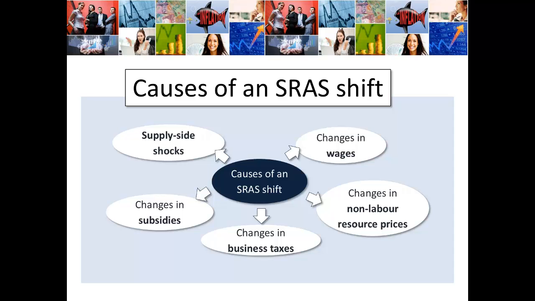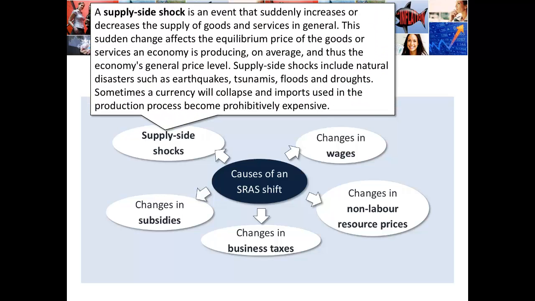Supply side shocks. Now these can be a whole variety of things, but what defines them is an event that suddenly increases or decreases the supply of goods and services in general. And this sudden change affects the equilibrium price of the goods or services an economy is producing on average, and thus the economy's general price level.